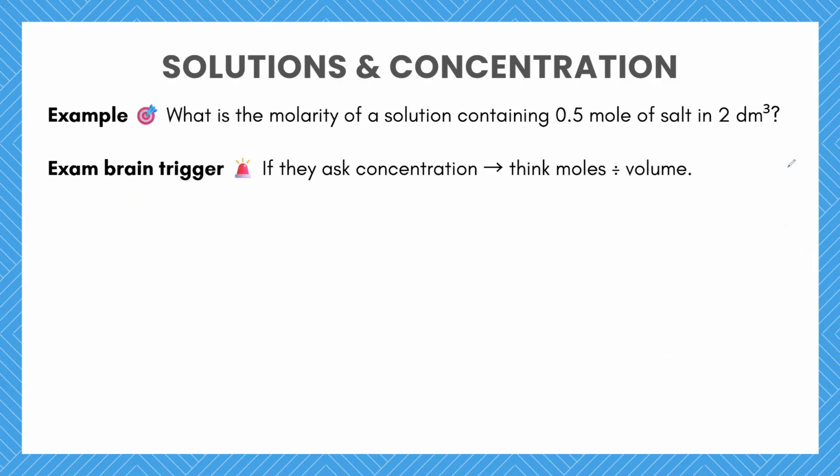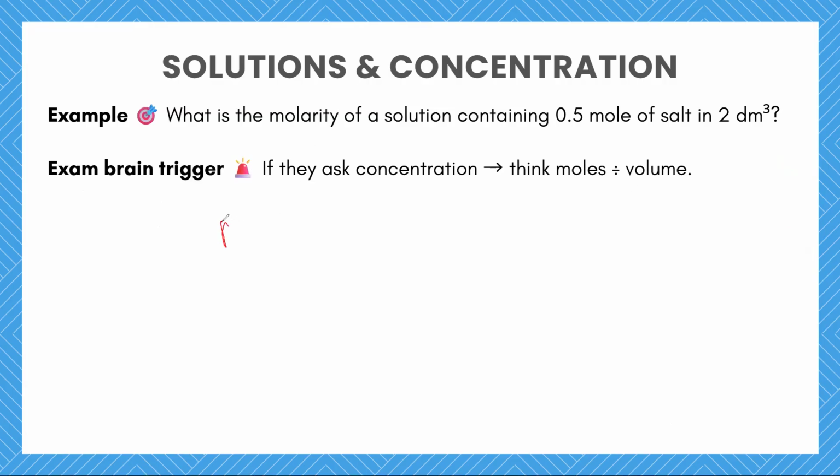Here is an example that breaks down what I am talking about. The question on the screen asks: what is the molarity of a solution containing 0.5 moles of salt in 2 dm³? There is a formula to deal with that.